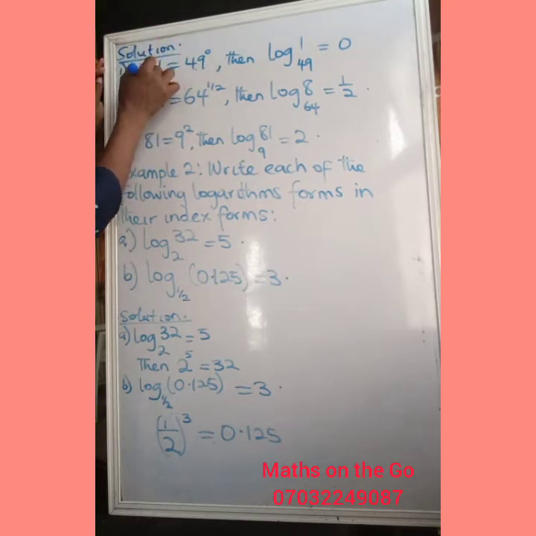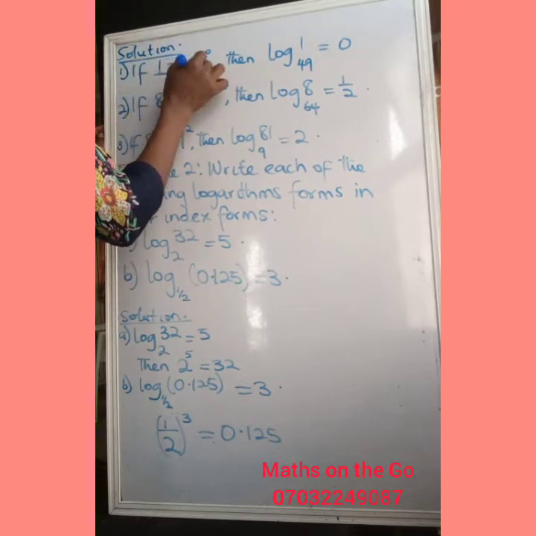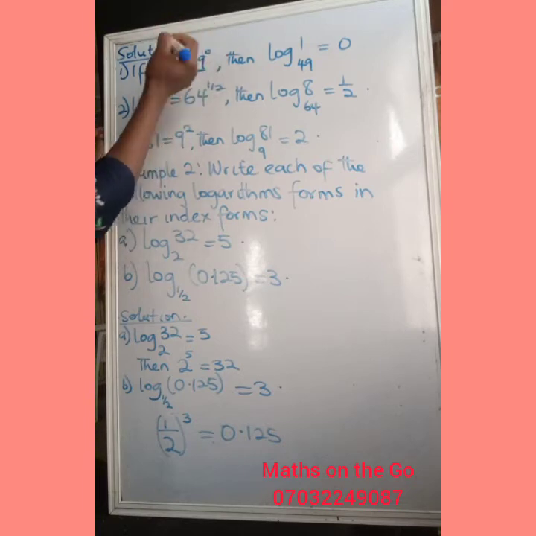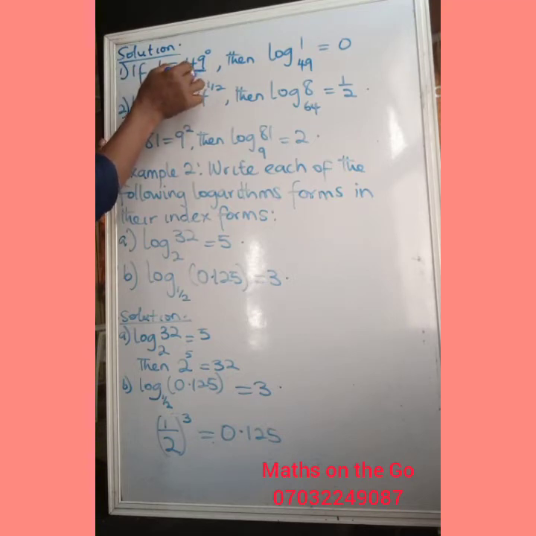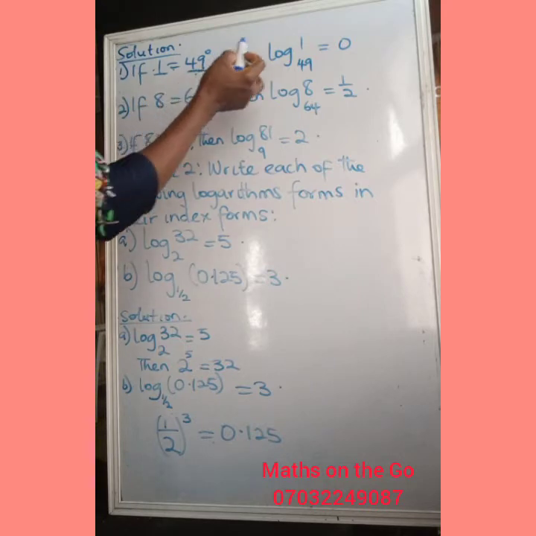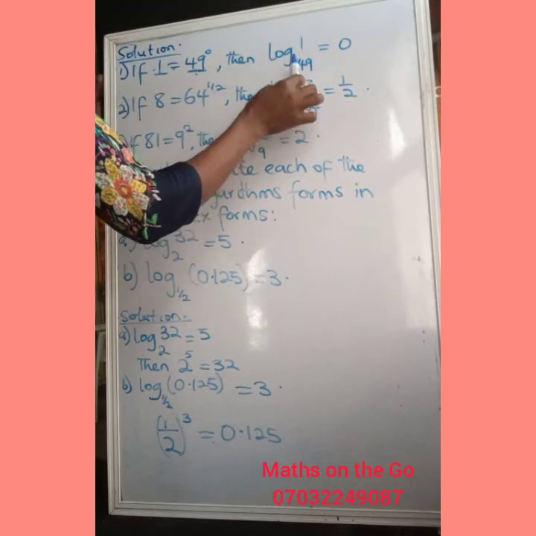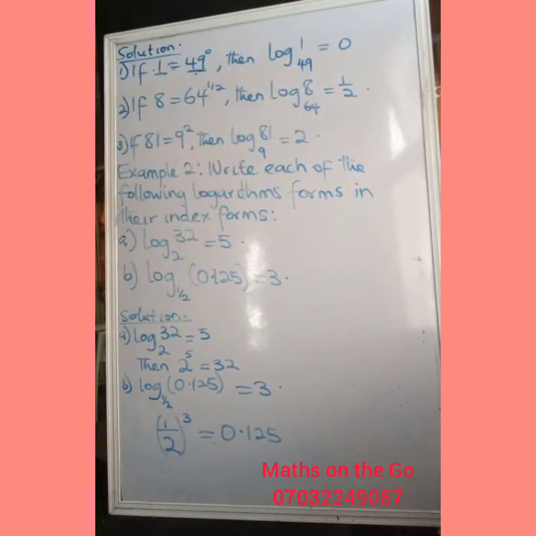Log of 1 base 49, which is the one carrying the power 0, equals 0. So we have log 1 base 49 equals 0.